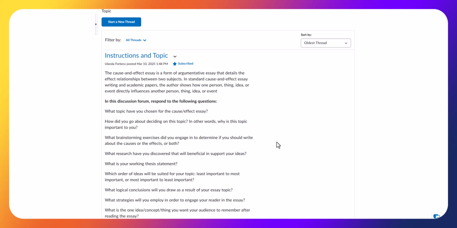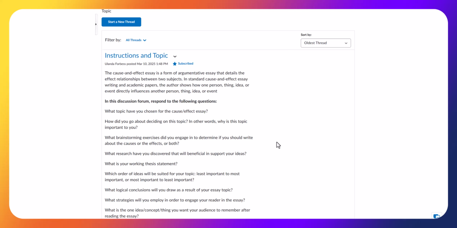Even though it's a cause-effect style or mode, you still are arguing that this cause represents this effect, or this effect is a result of these causes. So you have to show that relationship: how one person, thing, idea, or event directly influences another person, thing, idea, or event.